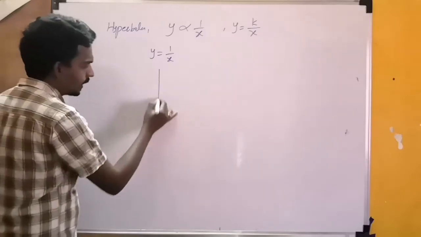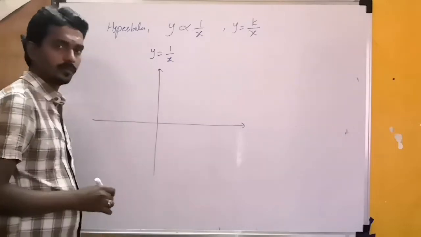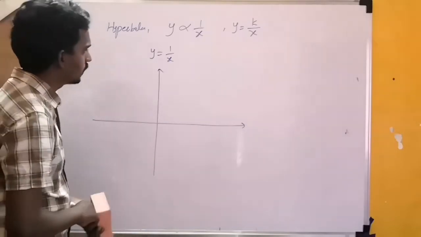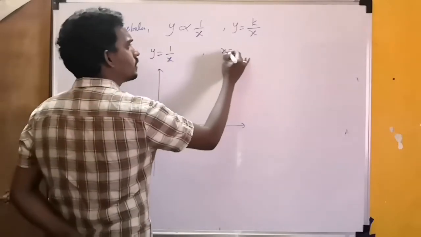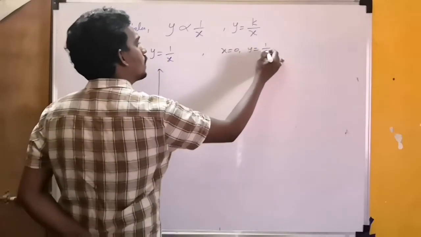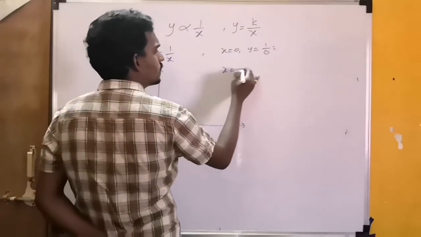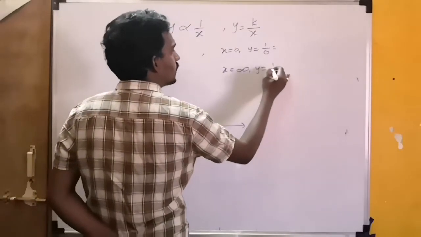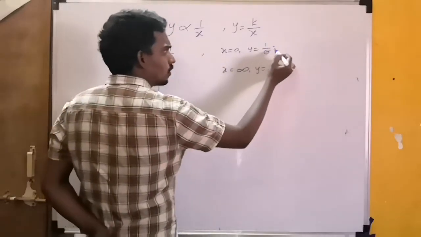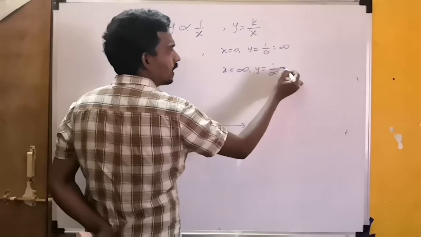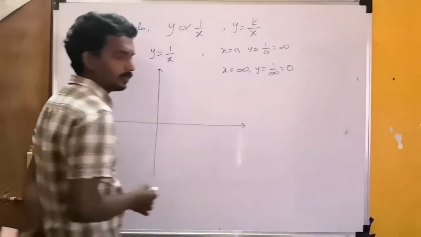So what kind of graph does it look like? A simple way: when x is 0, y is 1 by 0. When x is infinity, y is 1 by infinity. But 1 by 0 is infinity, undefined. But 1 by infinity is 0.